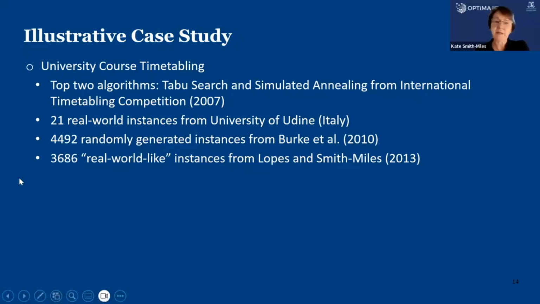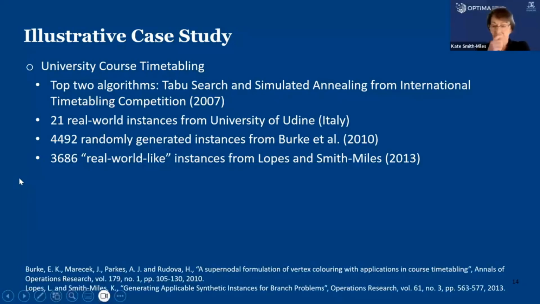If you're interested in that paper, it's published in Operations Research in 2013. I think it was my first attempt to generate new instances with controllable characteristics by learning the differences between randomly generated instances and real-world instances, and then learning how to tweak a generator to produce what I wanted.